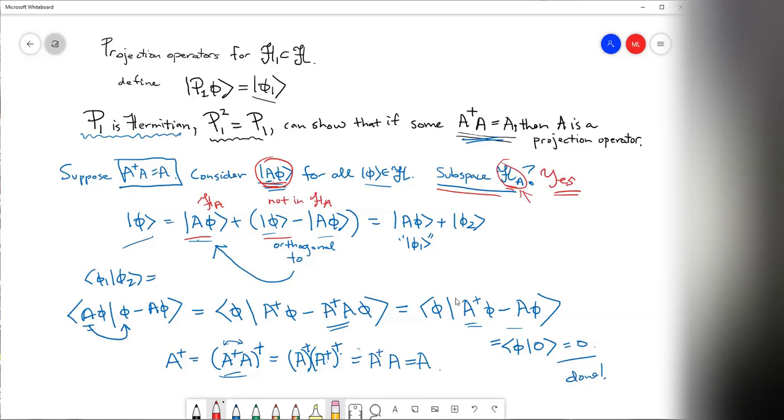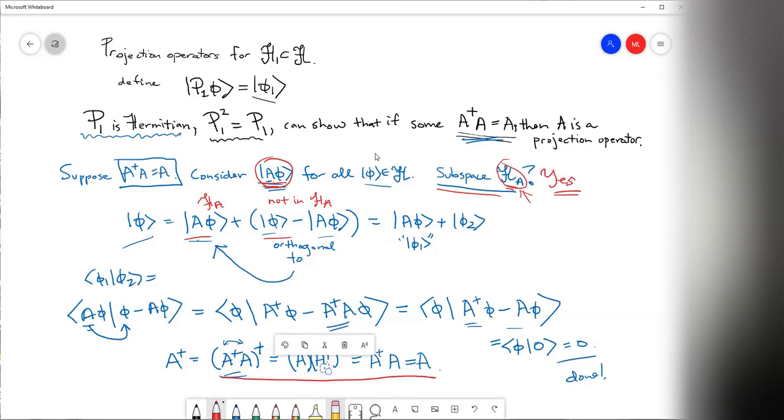Yes, can you repeat the properties of a dagger, please? I don't know how you introduced, okay, in the last row of your screen. Yeah, can you repeat that again? Because it's not clear to me. Isn't A dagger A supposed to be the identity matrix?